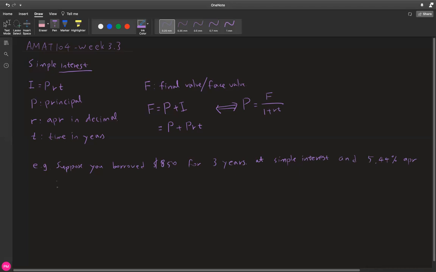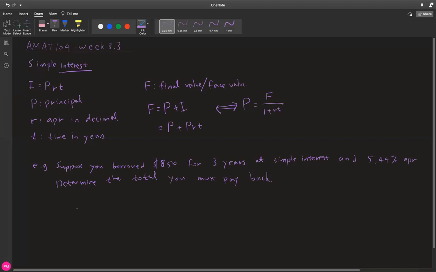And you need to determine the total you must pay back. So simply, the problem is asking, when you borrow this $850 for 3 years at this interest rate, how much money do you have to pay back at the end of the term? So after 3 years, how much do you owe them?